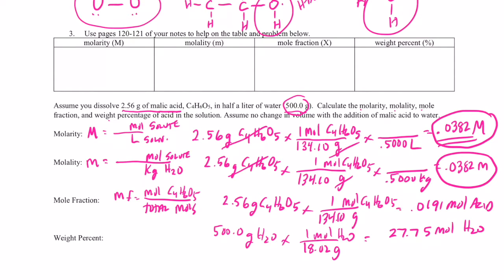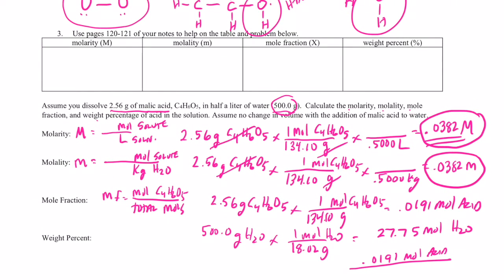So to do that, we are going to take the moles of acid, 0.0191 moles of acid, and divide it by the total moles, which would be the sum of the two. 0.0191 plus 27.75. And we're going to leave that as a fraction. So 0.0191 divided by, I'm going to use my parentheses key here, 0.0191 plus 27.75, and I'll close my parentheses.